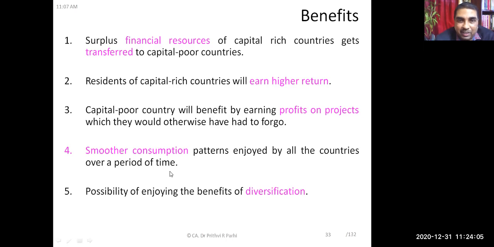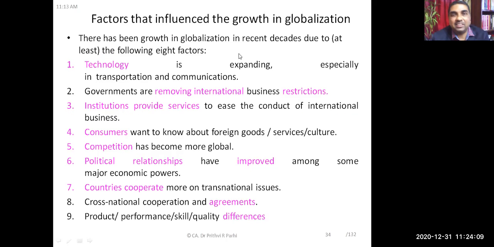So that is one more advantage. These are the 5 types of advantages we have learned in the context of international trade and business. Because of these advantages, day by day you can find international trade and international business is growing.